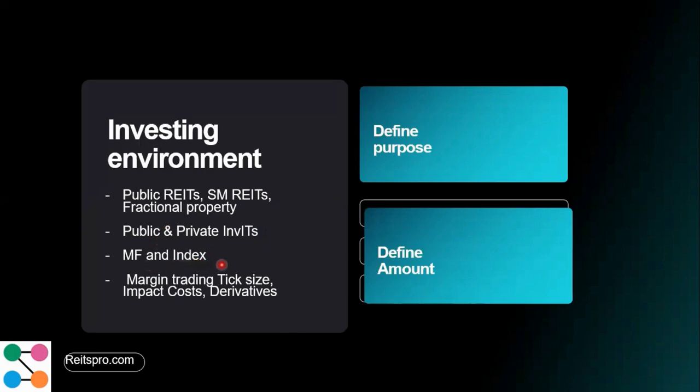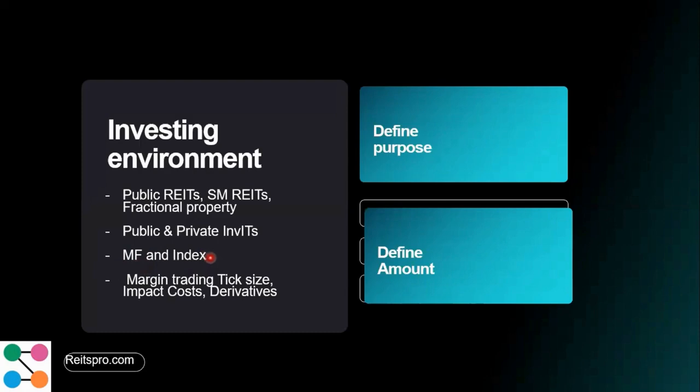So the third question is, can I invest in REITs and InvITs through MFs, and is there an index? Yes, there is an index, but there is nothing like an ETF which you can invest in, because the market is only maturing right now. It has not as yet matured, and mutual funds have a limit which has recently been changed, but essentially it is not more than 10% of the total AUM that they have.